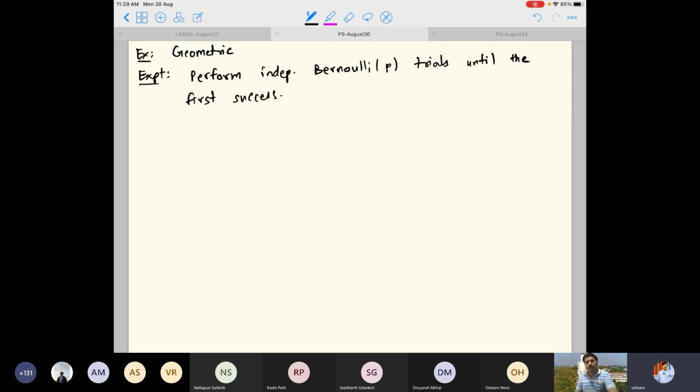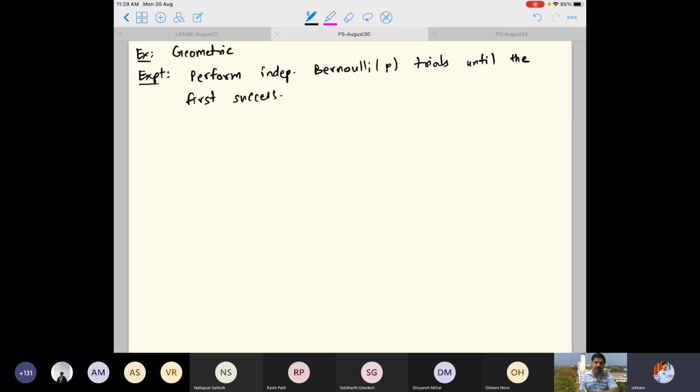So understand this experiment carefully. We are going to perform the Bernoulli trials independently until you encounter the first success. So in terms of heads and tails, if you think heads is a success, then you will keep on tossing the coin independently until you see the first head, right?